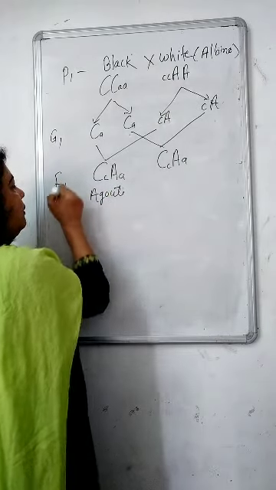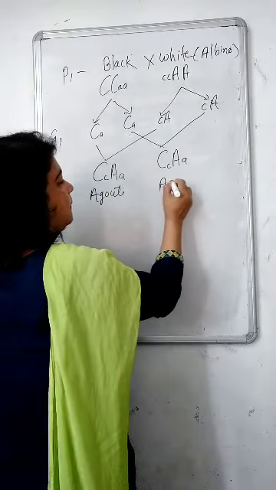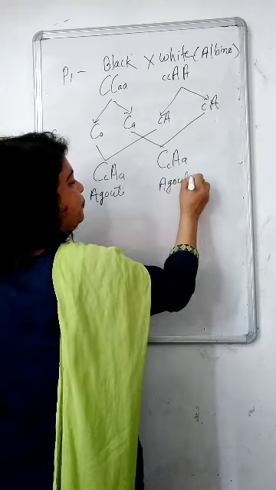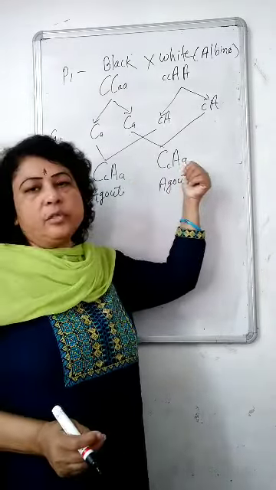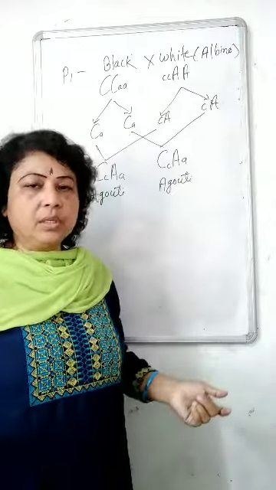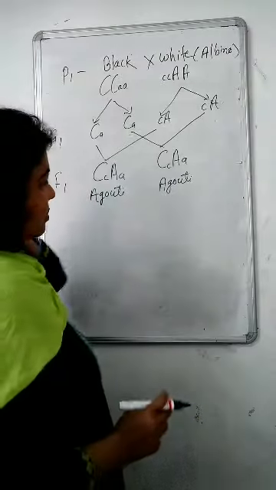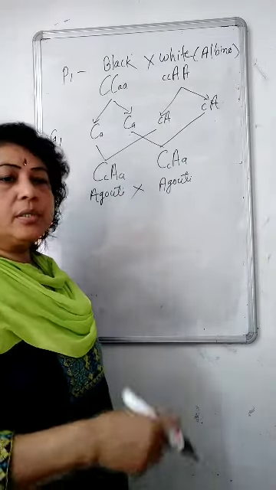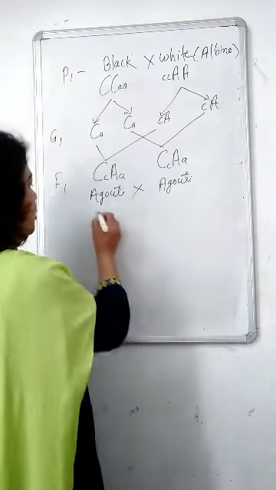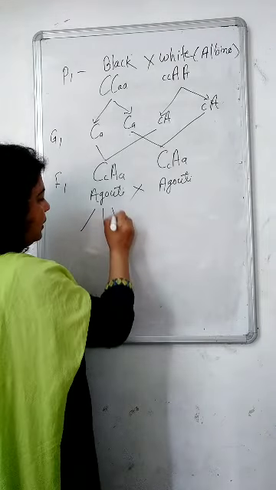So F1 are agouti, heterozygous for both the genes. When this agouti is allowed to reproduce among themselves, they produce 4 different types of gametes.